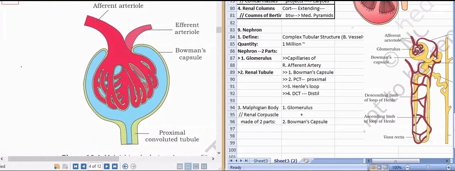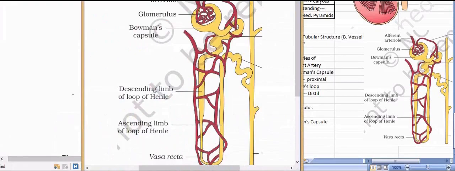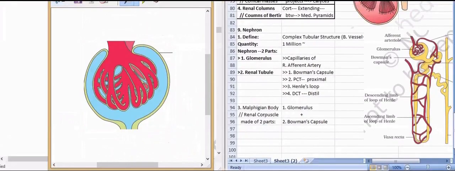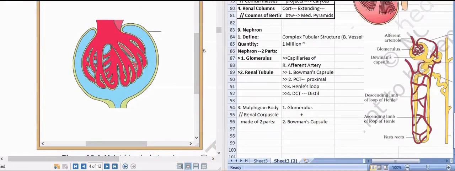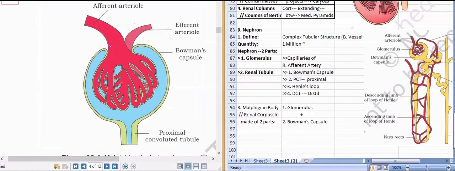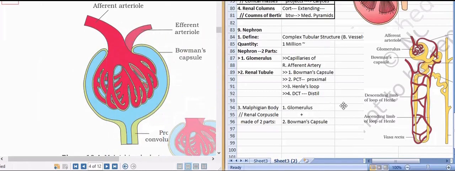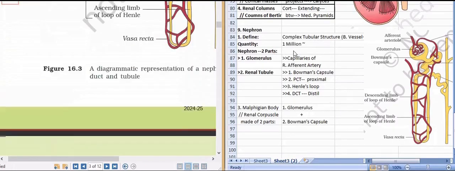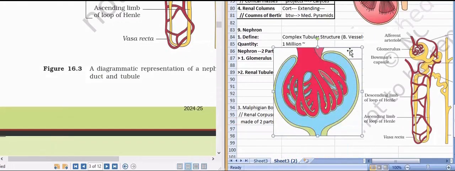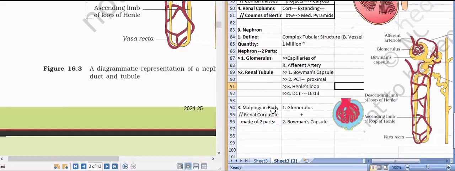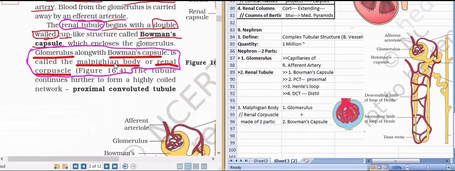This is the Bowman's capsule. Simple. Hope you understood what is the Malpighian body. Got it? So this is the topic he is explaining.